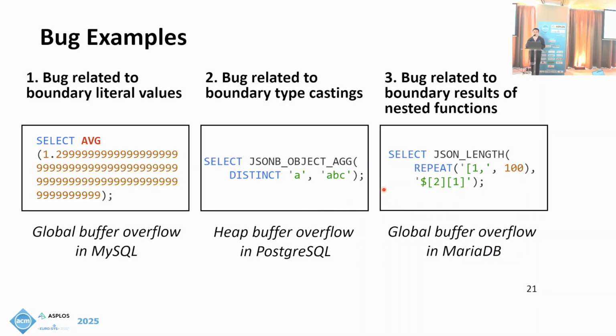The third one is caused by the long JSON string constructed by the nested repeat function. It exceeds the buffer size for storing the string during processing the JSON length function, causing a global buffer overflow. They demonstrate the effectiveness of boundary value generation patterns and the bug detection of our tool Soft.